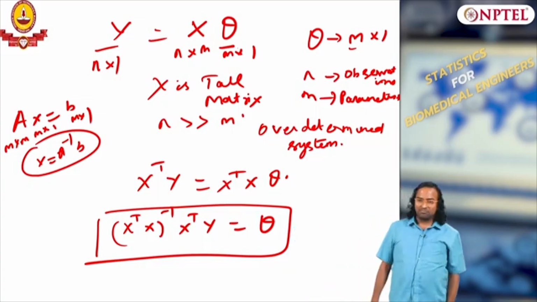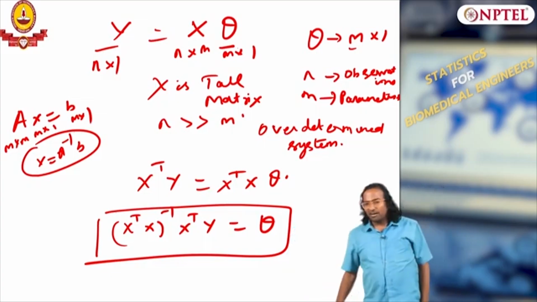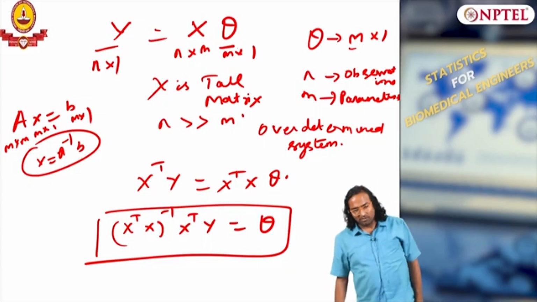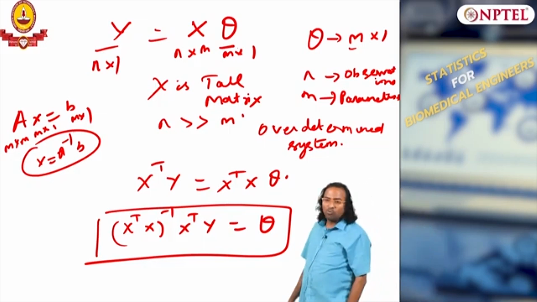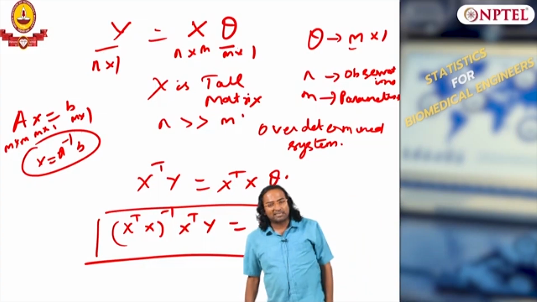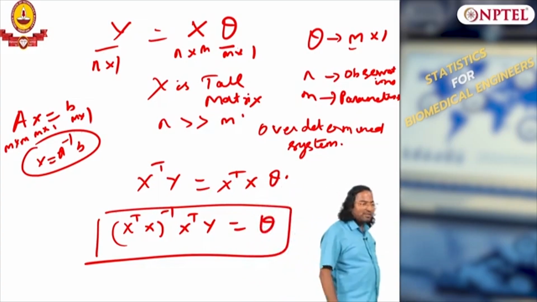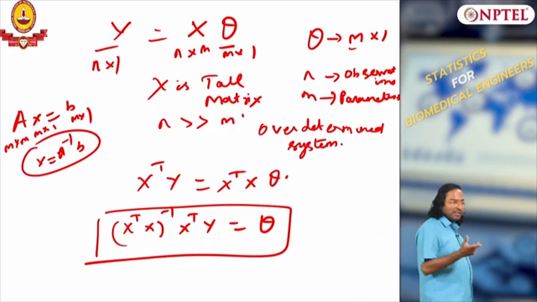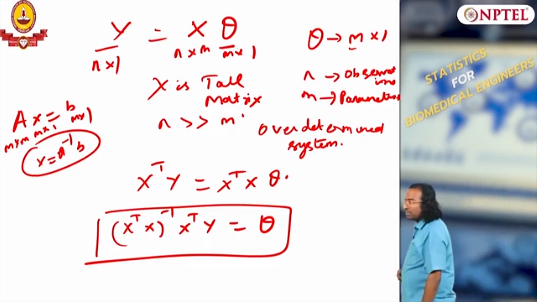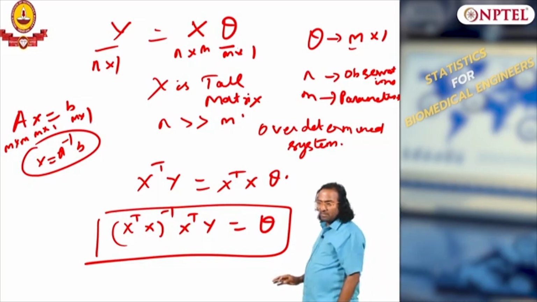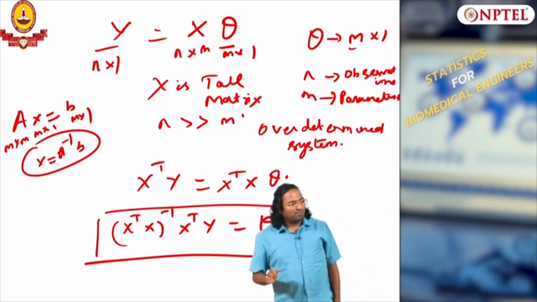M cross m, which is equal to the number of parameters we want, and X is n cross m. What is the maximum rank of this matrix X? It is m, because n is not possible, n is much greater than m. So the number of independent columns is at most m.